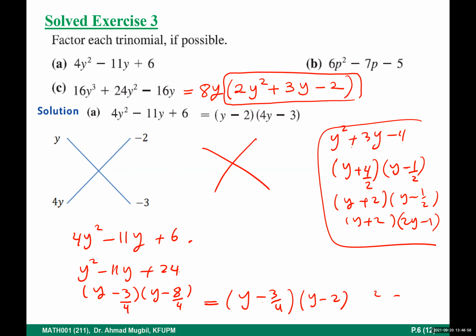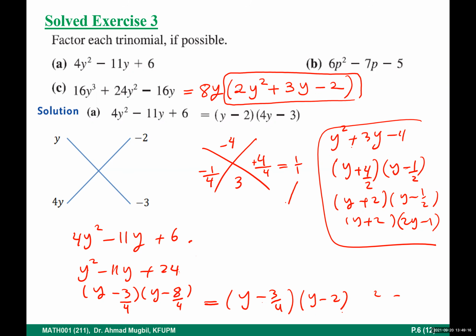Now we will do what? The product of these two is negative 4. And here we have 3. Think about two numbers. The product of them is negative 4 and the sum of them is 3: negative 1 and positive 4. Divide now by 4. Simplify.